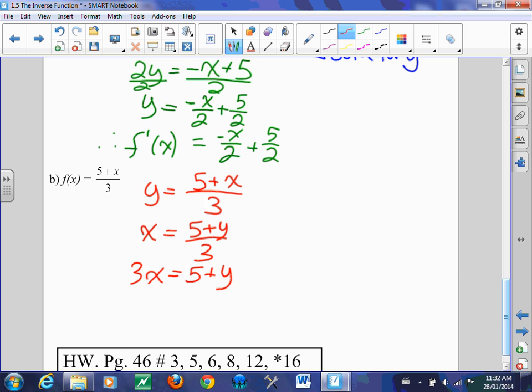To get y by itself, move it to either side. So y equals 3x minus 5. So therefore, the inverse function equals 3x minus 5.